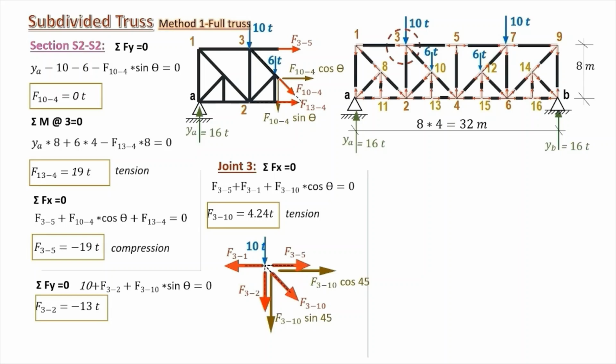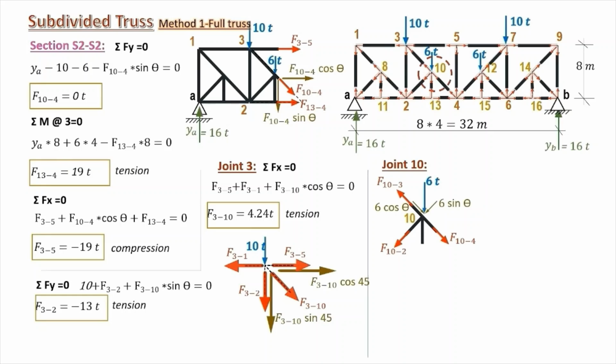Now all the forces connected to joint 3 are known. And we move to joint 10. We extract it here, and we analyze this 6 tons into the considered x and y inclined directions.